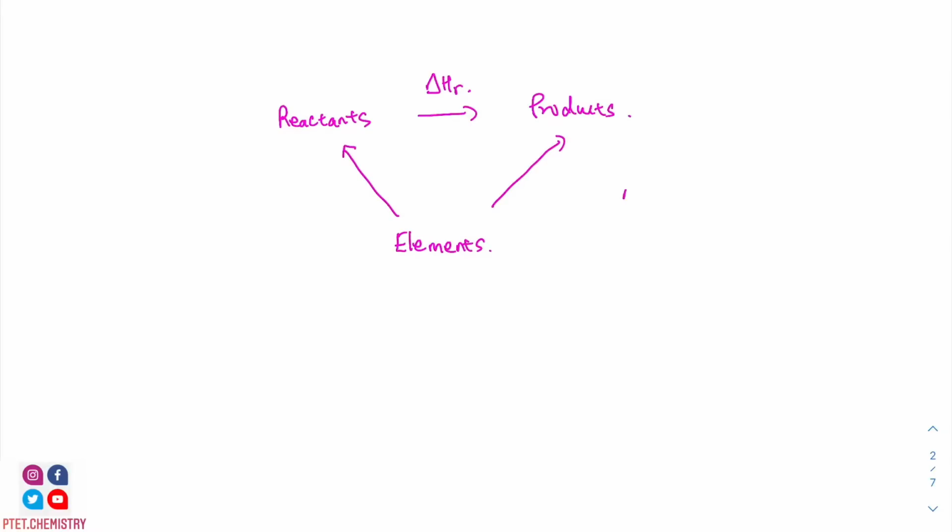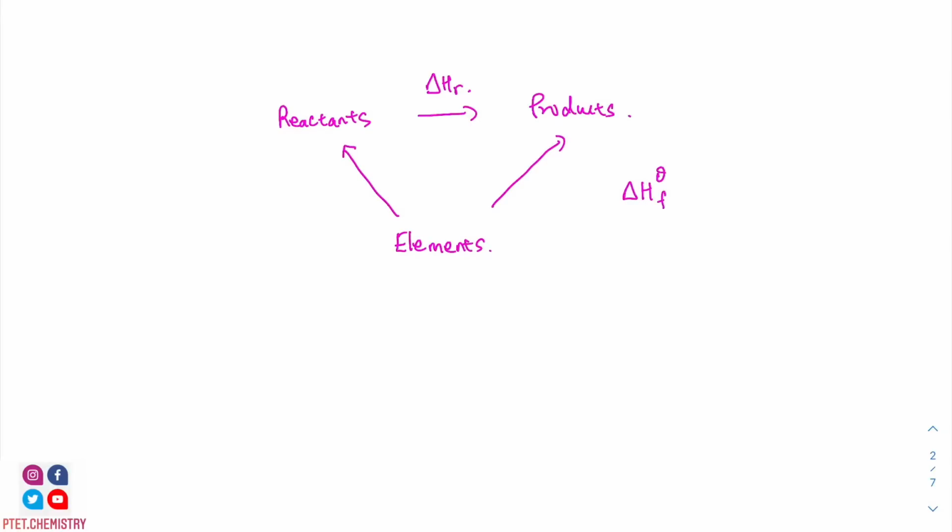Okay, so I'm going to start off by just thinking very briefly about reactants going to products. It has an enthalpy change of reaction. That's what you want to find. And then we can think about the elements, when the reactant is formed from the elements and when the product is formed from the elements.